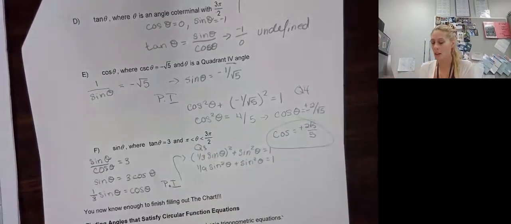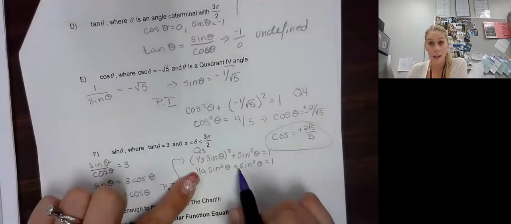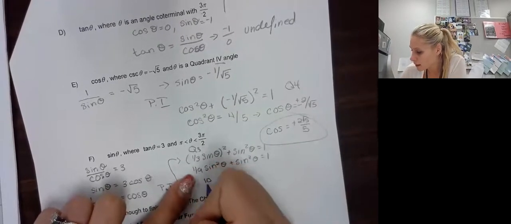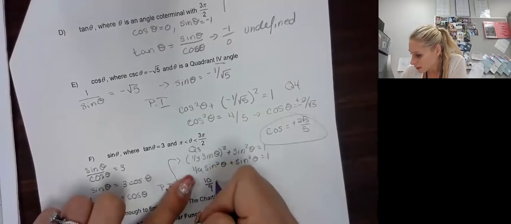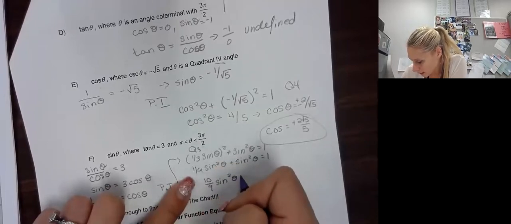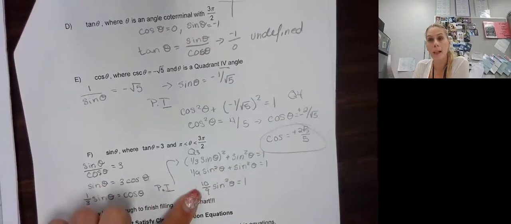I'm going to put it together. This is 1/9. I have to put this in as a fraction, right? So this would be 9/9. So actually I have 10/9 sine squared theta equals 1. Okay, multiply both sides by 9/10.